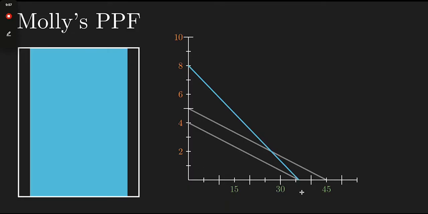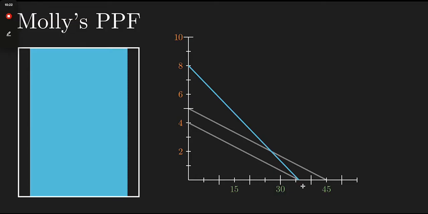On the horizontal axis, if she only grows spinach, does an improvement in the ability to grow carrots have any impact on her productive capacity? The answer is no, because she's not using any technology to grow carrots. She's not growing any carrots at all.